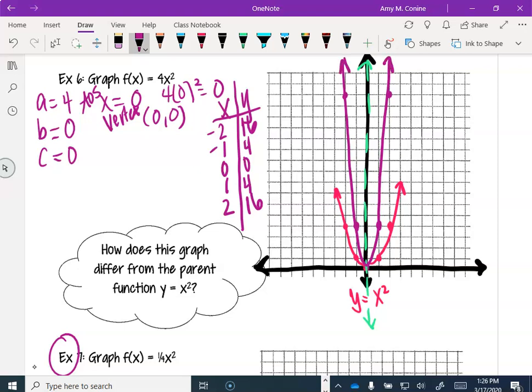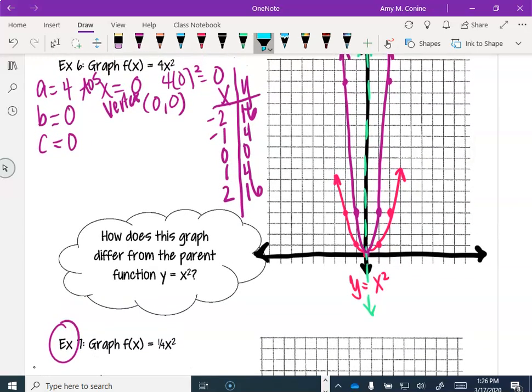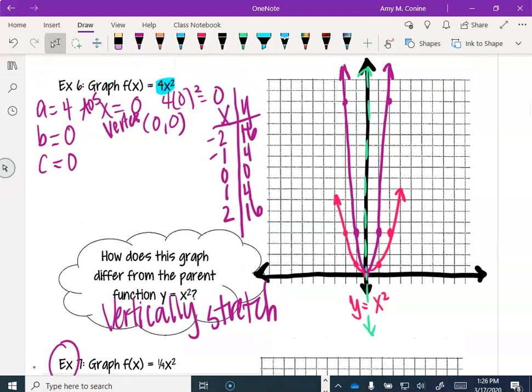So if you look, the shape has changed pretty drastically. It's being pulled up. So when we answer this question, how does the graph differ from the parent function? When we have something like this in front of our x value, this 4 in front, when it's an integer like that, it's going to vertically stretch it, so it's pulling it up almost like you're stretching a rubber band.